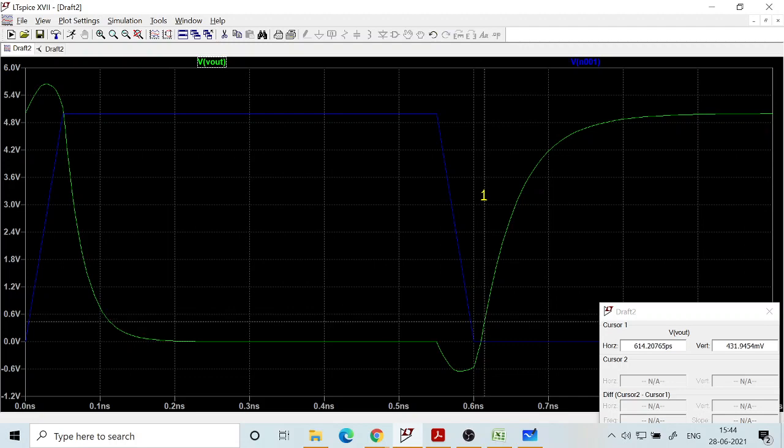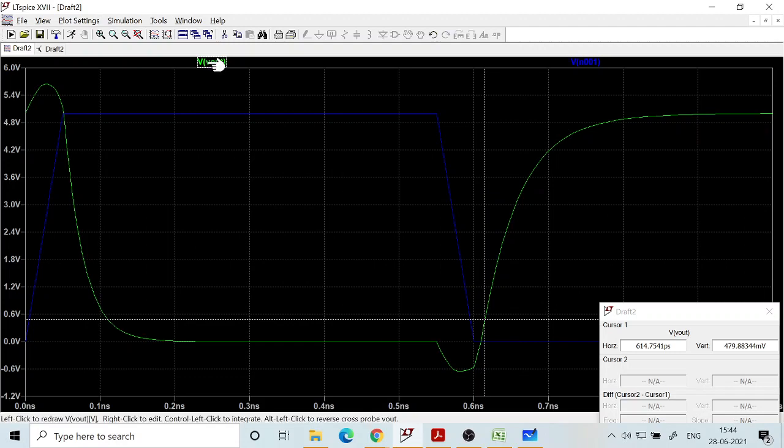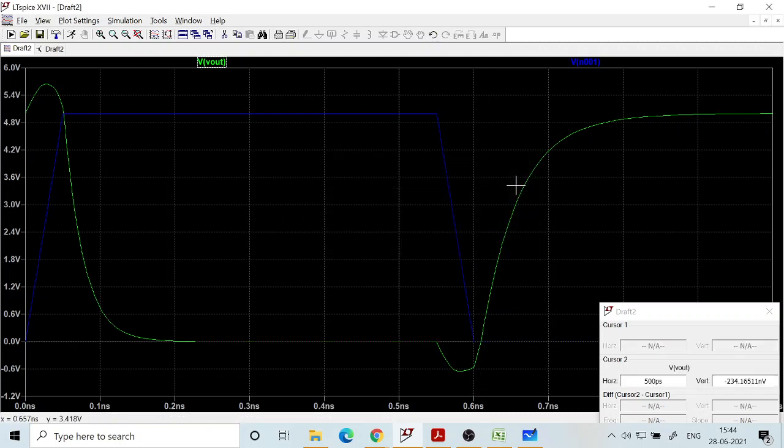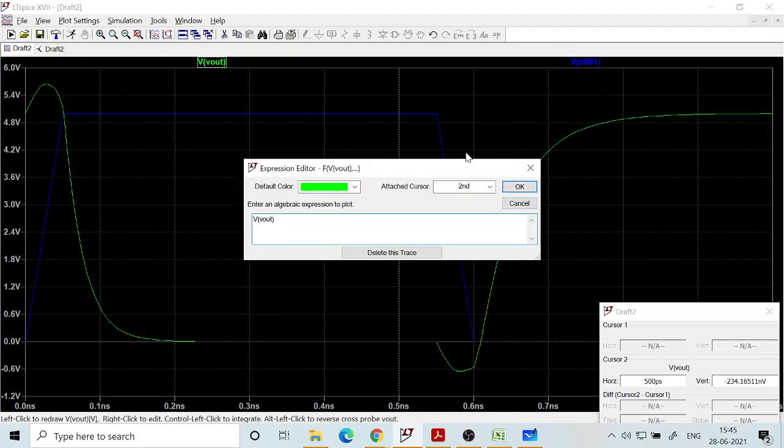I'm not able to get even. Okay, let's take roughly 479 as 1 point. So this is 1 point. Then there is a 10% point. 10% of 5 volt is 0.5 volt. And then let me bring one more cursor.